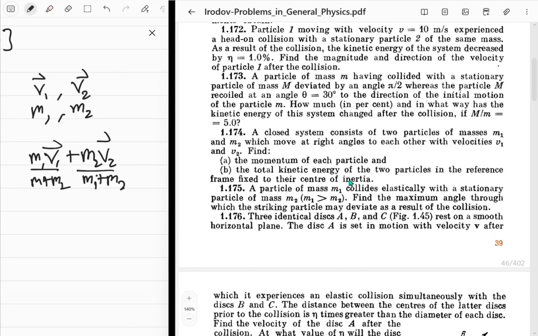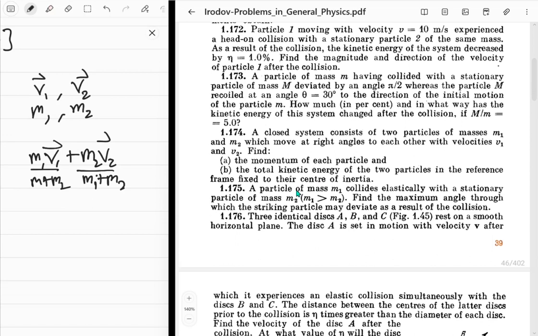So relative velocities, that's what you want, right? You want the total kinetic energy of the two particles in the reference frame fixed to their center of inertia, and also the momentum of each particle. I guess it's not that bad.